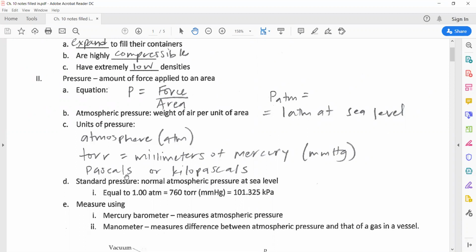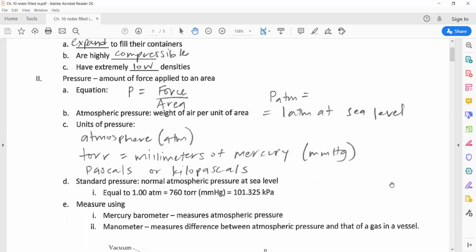So some units that we'll run into. In normal life, we talk a lot about pounds per square inch, so PSI, which is a totally fine unit of pressure. But here we will mostly work with atmospheres, which is little ATM, or what's called torr, which is the same thing as millimeters of mercury. That unit comes from an original barometer where it has a tall tube with mercury.